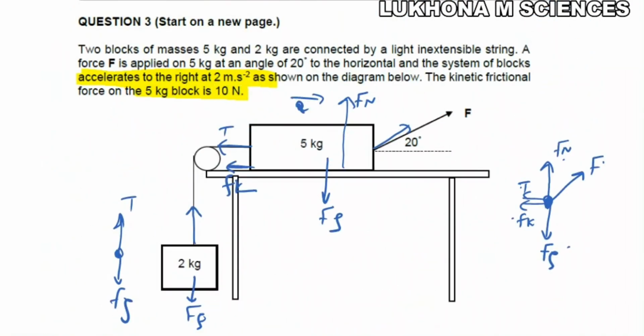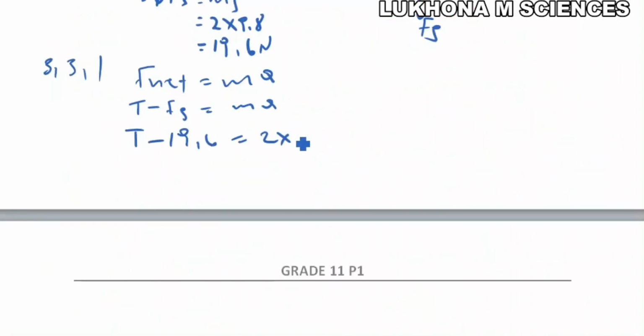Then we transpose. So the tension will be equal to, let's press the calculator, 23.6 newtons. That is the tension.